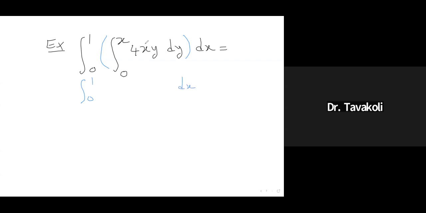For the interior integral, 4x is a constant, so it can be pulled out of the interior integral. And so what I have is the integral from 0 to x of y dy. So integral from 0 to 1 for x and this dx at the end. Now let's find this.